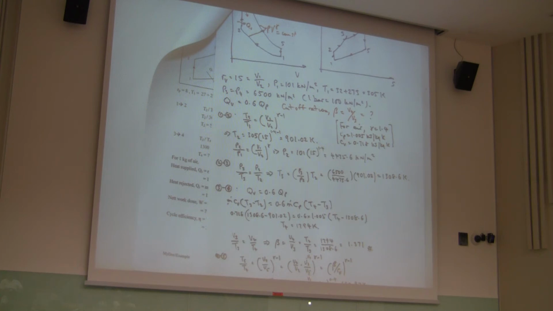Okay? So later on you'll see all these formulas come from the processes. Let's take a look. Process 1 to 2, remember, follows PV to the power gamma equals a constant, reversible adiabatic. So governing the temperature is this formula for reversible adiabatic. This formula can be found from the table.